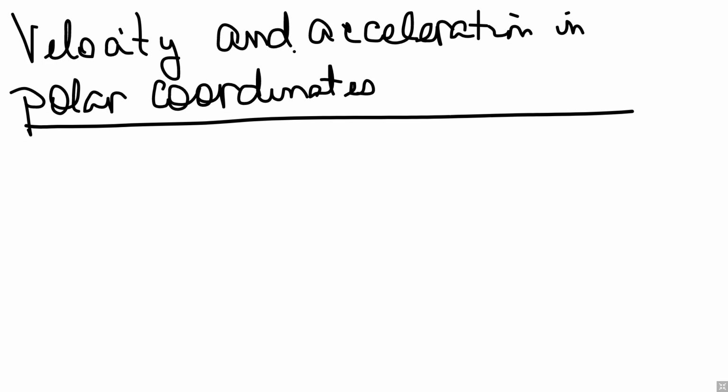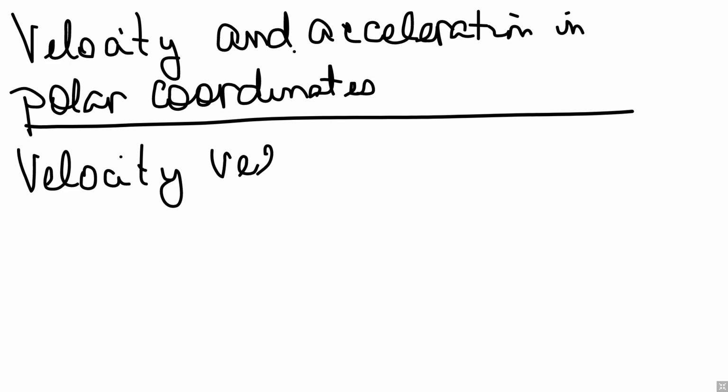We're going to write the velocity vector in terms of u of r and u of theta. These are just two different vectors, one made up in terms of r, another in terms of theta. We don't necessarily know what those vectors are, and we're not concerned with finding them.